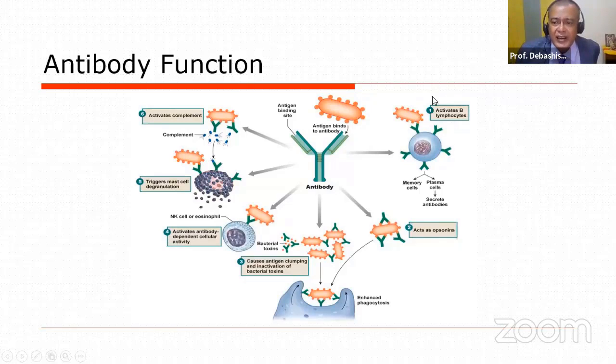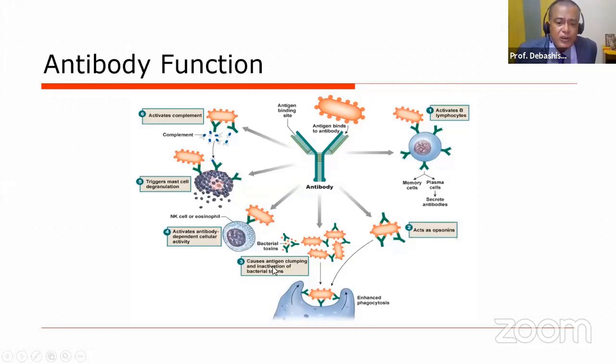Number 1, they can activate further B lymphocytes. Antibodies can activate B lymphocytes in response to binding to the bacteria, producing further plasma cells that secrete more antibodies, and producing memory cells. They can also act as opsonins, like saponification, binding to bacteria, which enables or enhances phagocytosis.